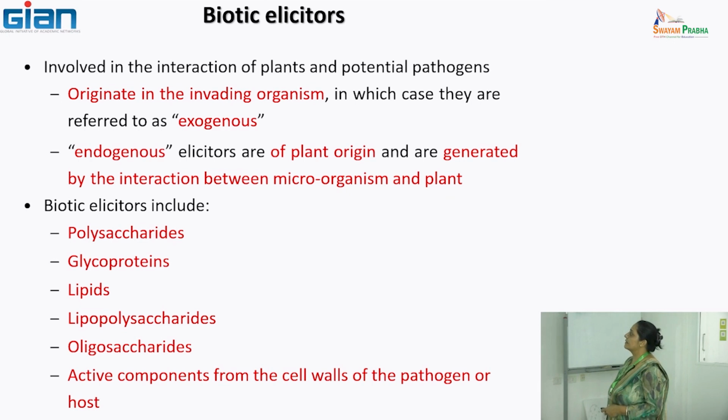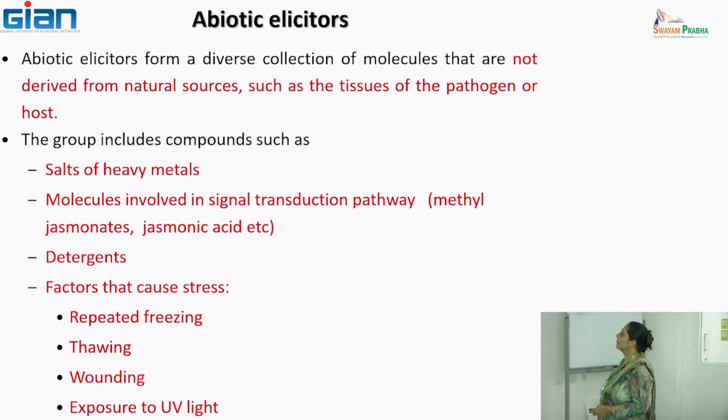Now, endogenous elicitors are of plant origin and are generated by the interaction between the pathogen and the plant. The exogenous elicitors will be originating in the invading organisms. Abiotic elicitors, I've already told you, they will be abiotic in nature.